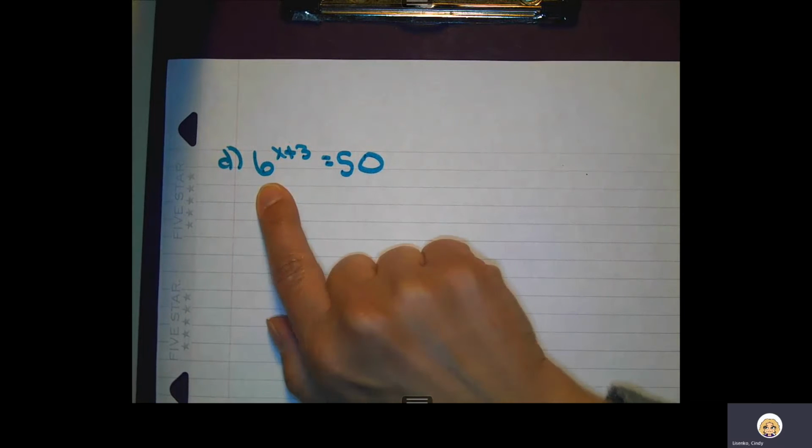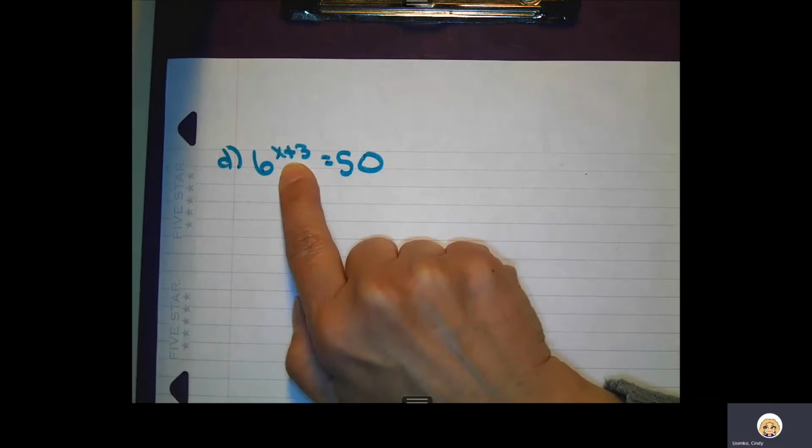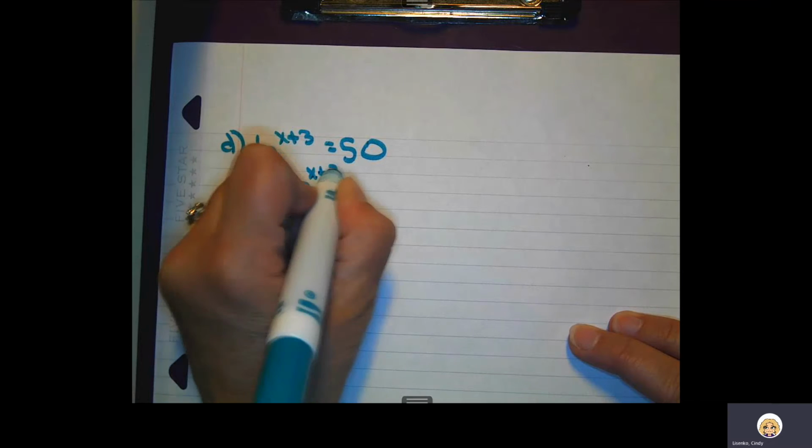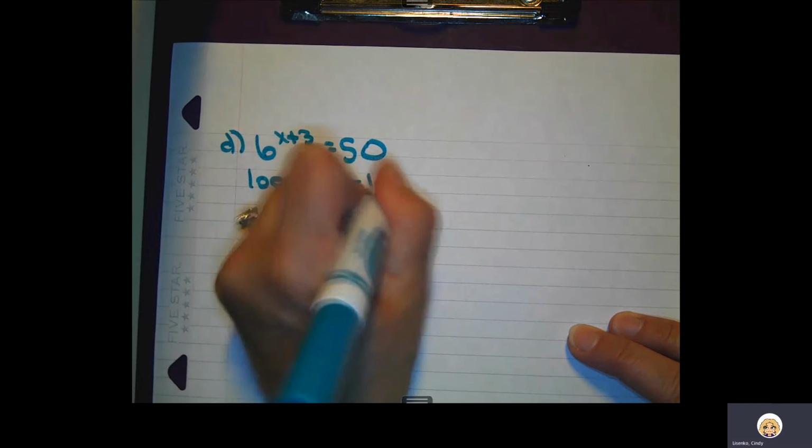All right, example D says 6 to the x plus 3 power equals 50. All right, first thing we want to do is isolate the power, which it is. This 3 is attached to the exponent, so what we can do now is put the log on both sides. So we have the log of 6 to the x plus 3 power equals the log of 50.